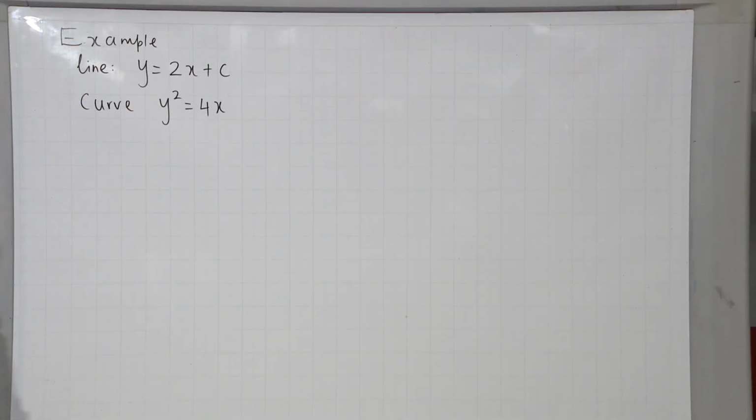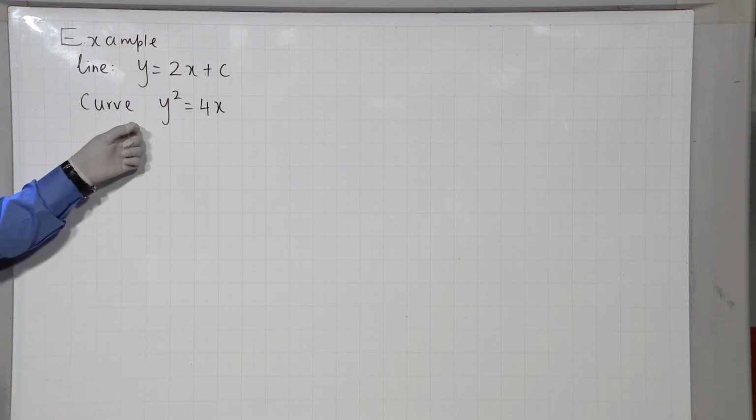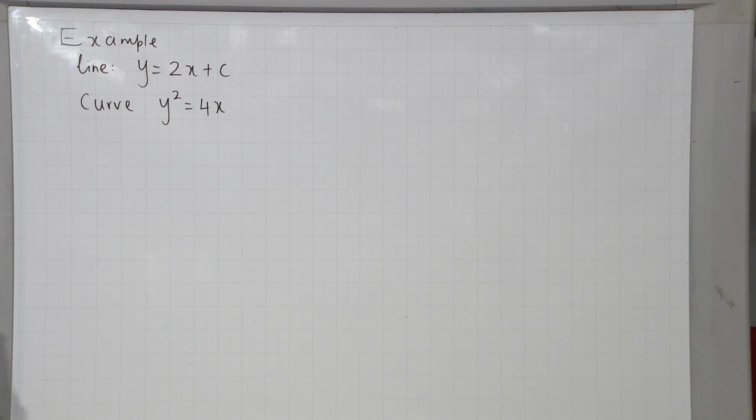We have a line, y is equal to 2x plus c, and then you have a curve, y squared is equal to 4x.